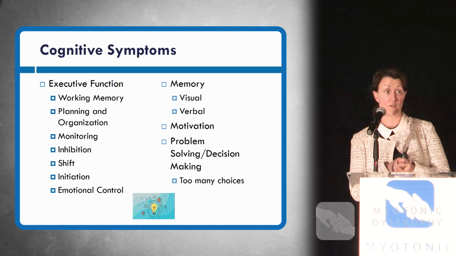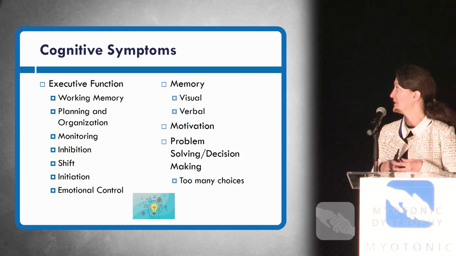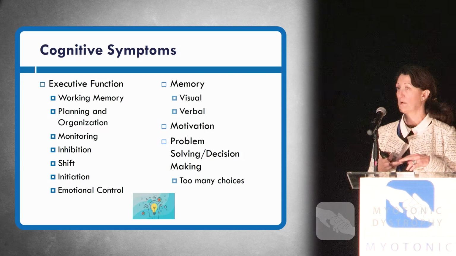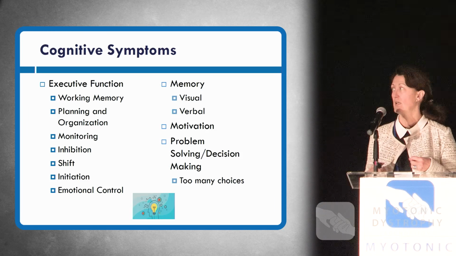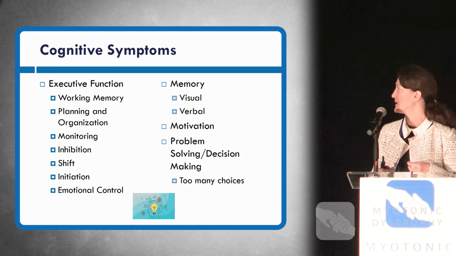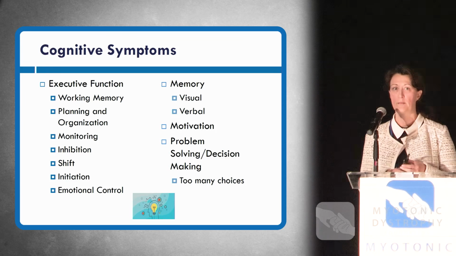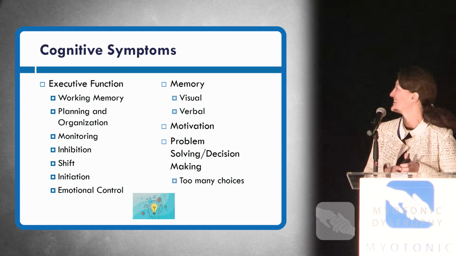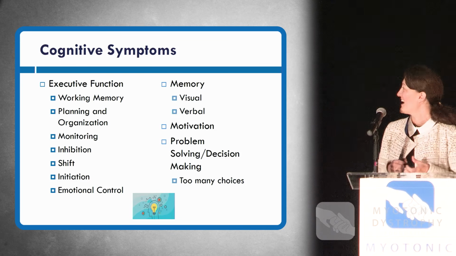Additionally, executive function, which we talk about quite often. Executive function can be working memory, planning and organization, monitoring behavior, time management type skills, inhibition, so just saying whatever comes to mind and not holding back.